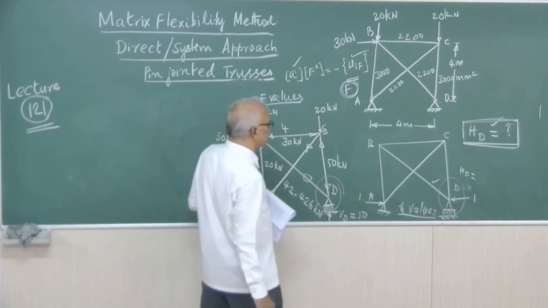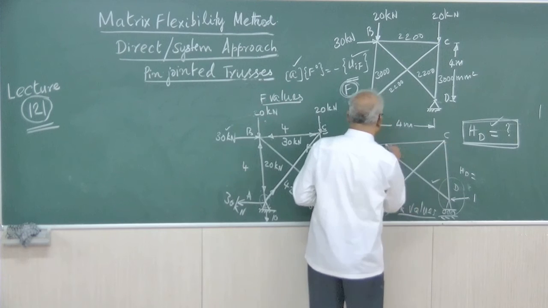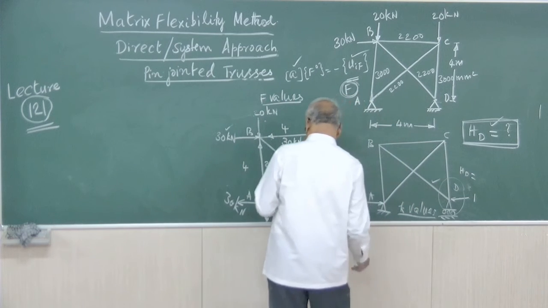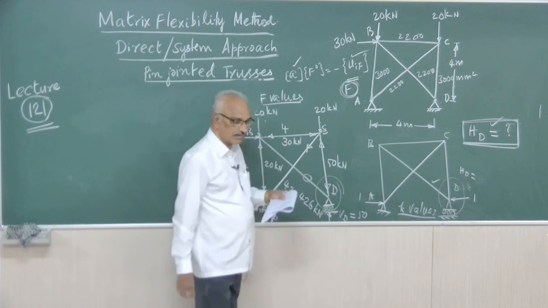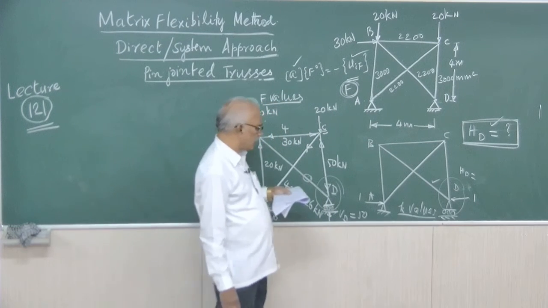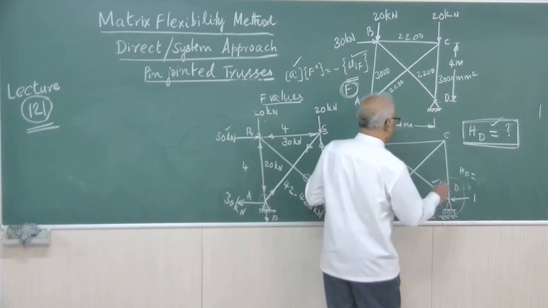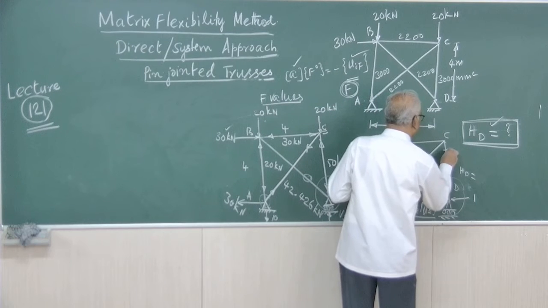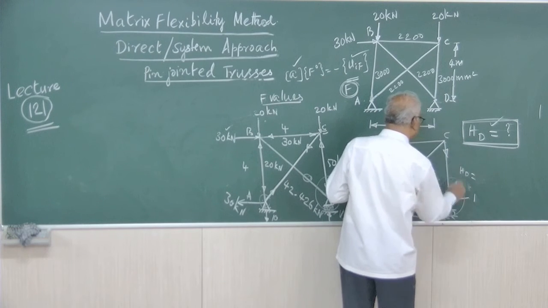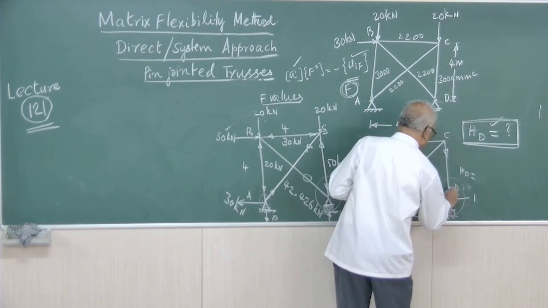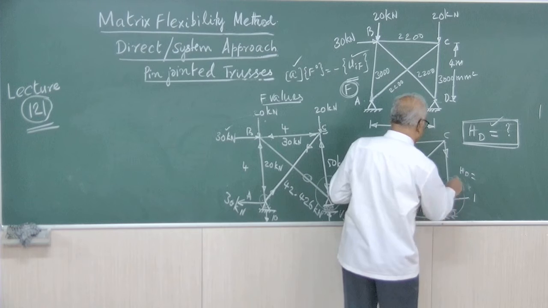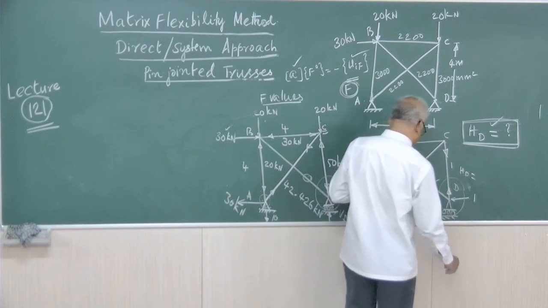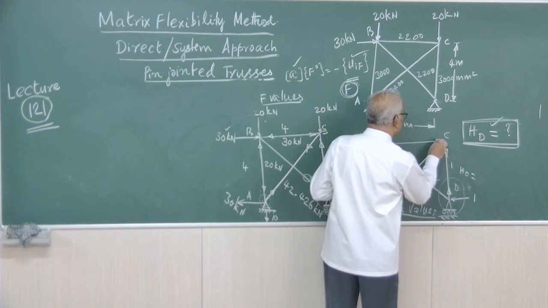And then we have to take joint C, then joint B. Find out all the forces. Here again I will straight away give the values. I will do method of joints in one more problem. I think there will be no need, because we have sufficiently discussed method of joints.